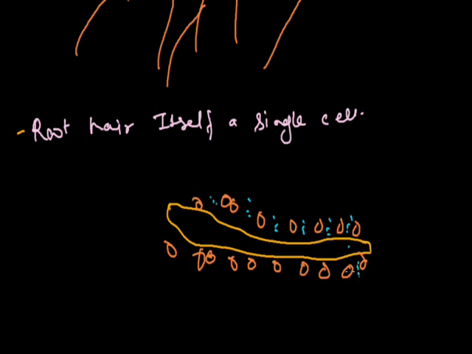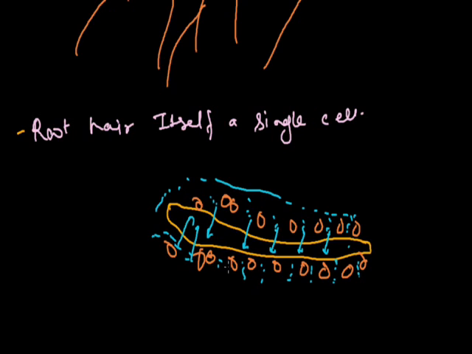This is the water present between the soil particles. We know that a root hair is a single cell. The amount of water is more in the soil and less in the root hair, so it will come inside by the process of osmosis. So first, there is a filling of root hairs with water completely by osmosis.